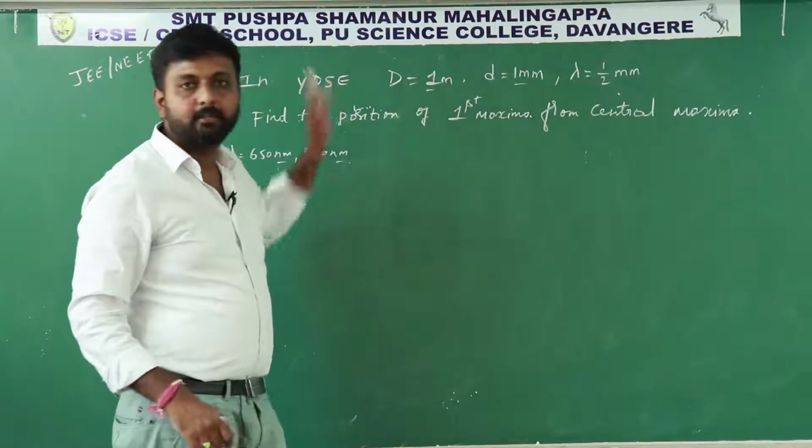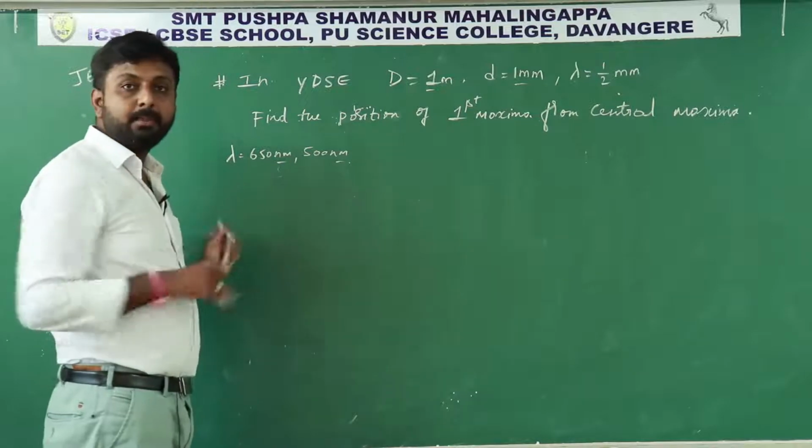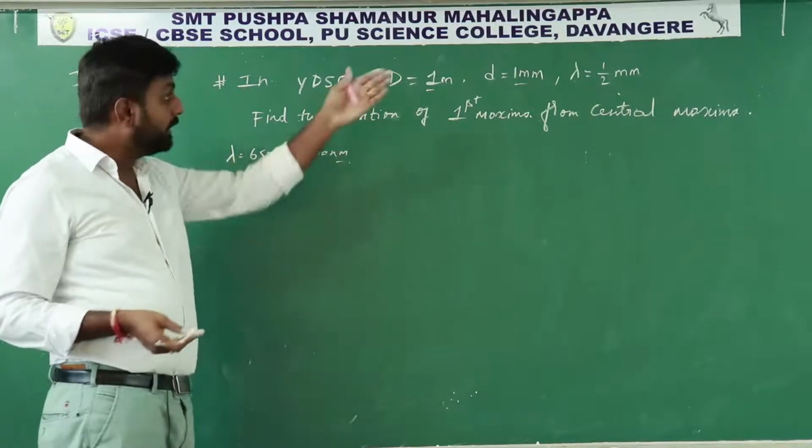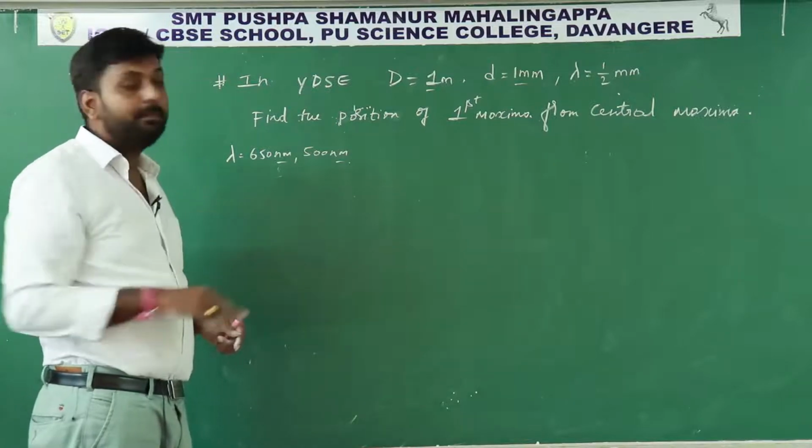This will be given in meters, 1 meter, isn't it? But the wavelength, in previous problems you solved in nanometer, but in this problem I took the wavelength in millimeter.